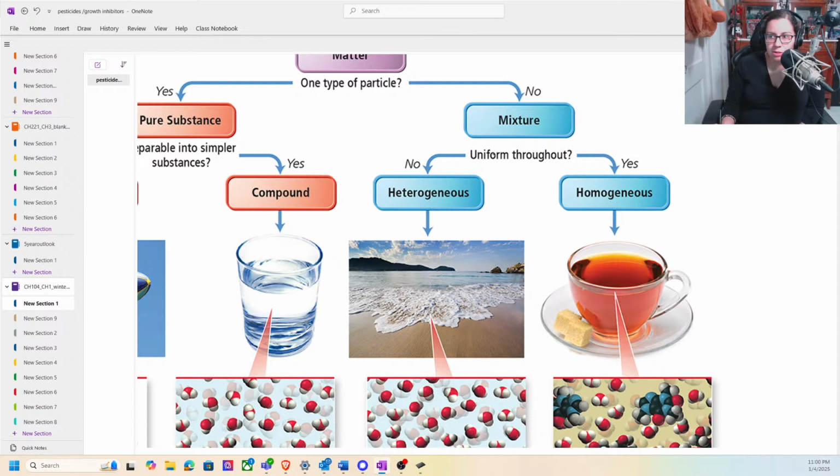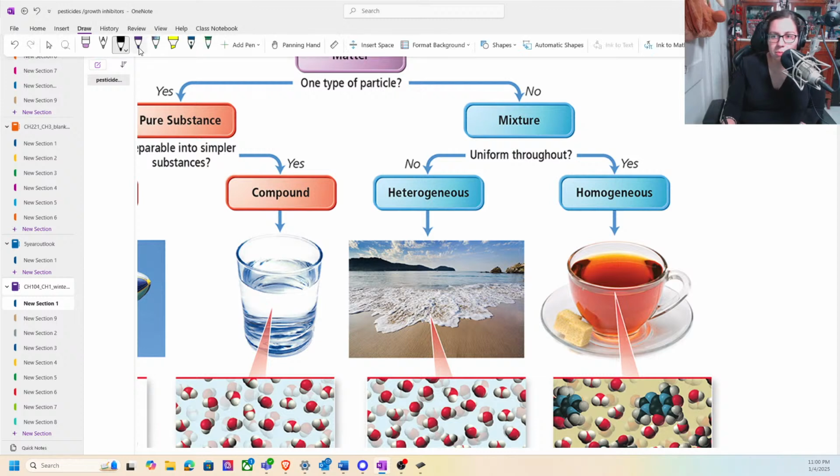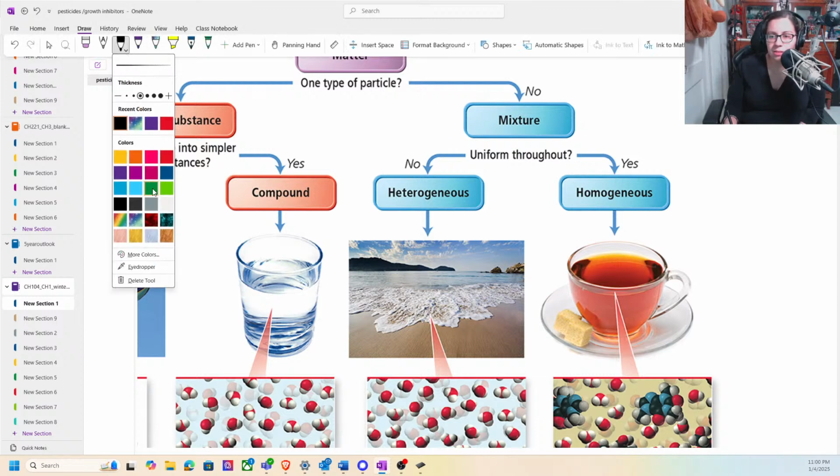It asks us uniform throughout, and we have heterogeneous versus homogeneous. I often say, well, is the first bite the same as the last? Kind of like homogeneous. We can also properly define it as a uniform mixture.